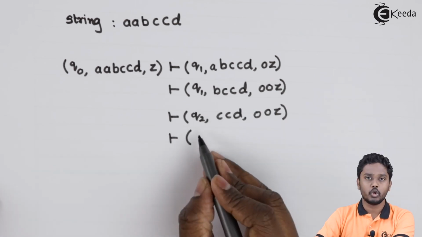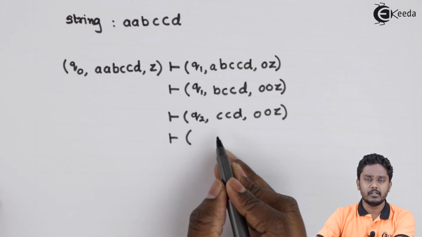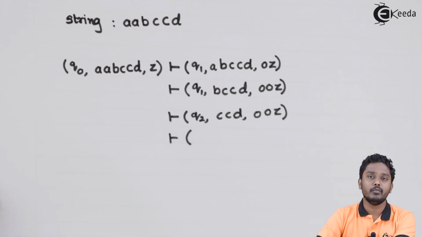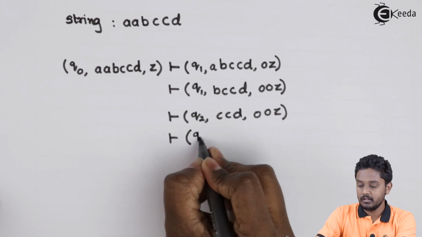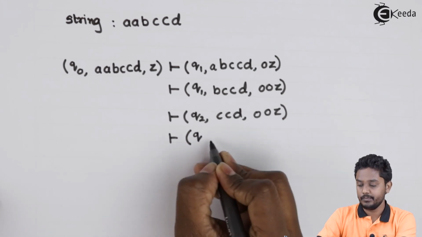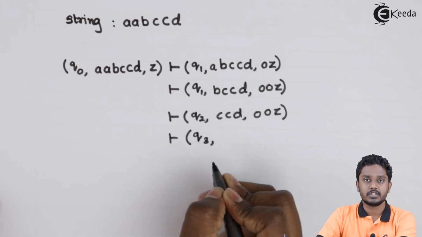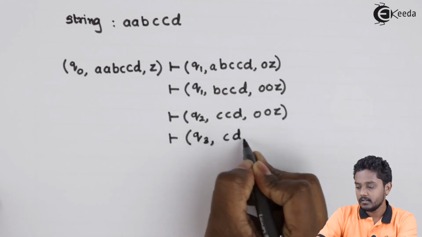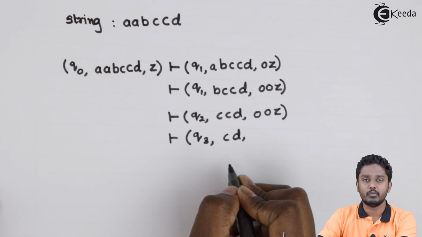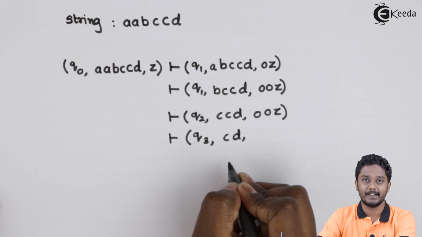Repeating, Q2 on C with 0 as the top of the stack, we need to pop off the 0 and move to the next state, Q3. The string left out is CD, and the stack content would be just 0 followed by Z.